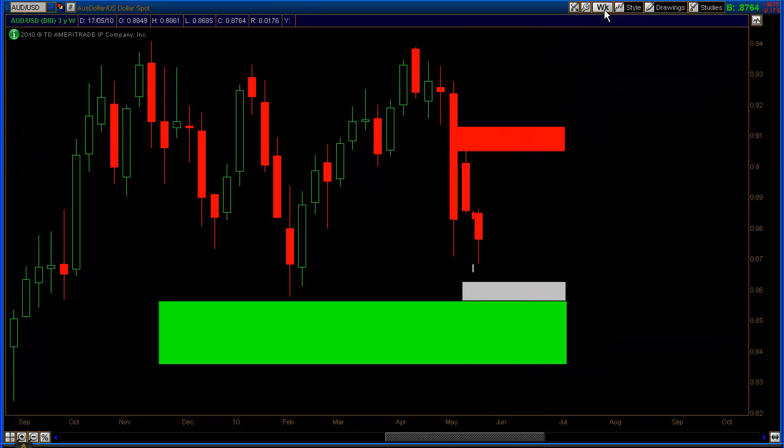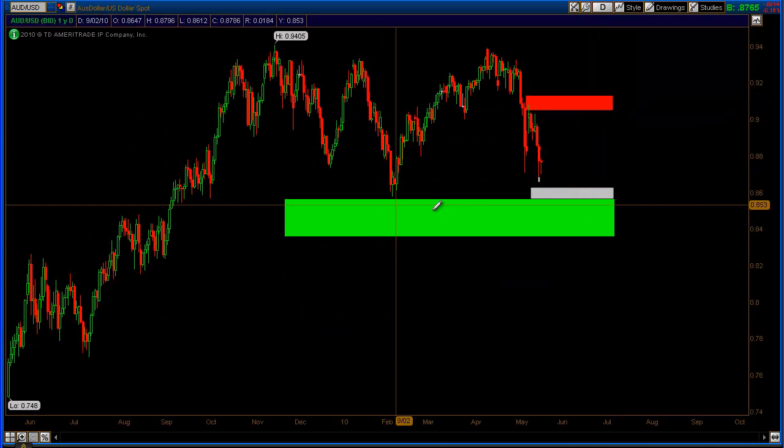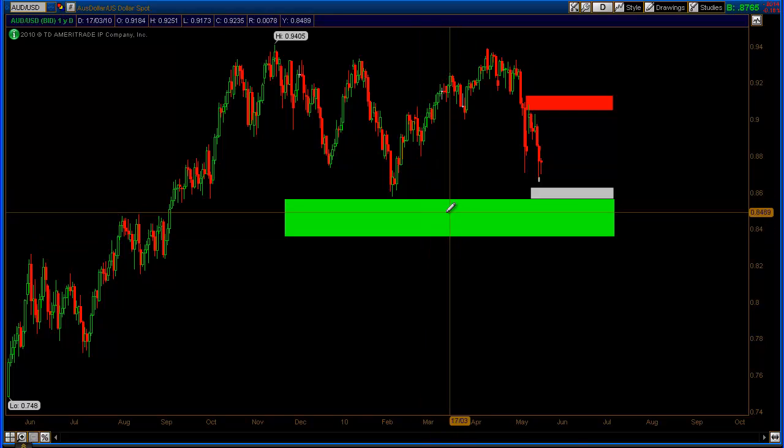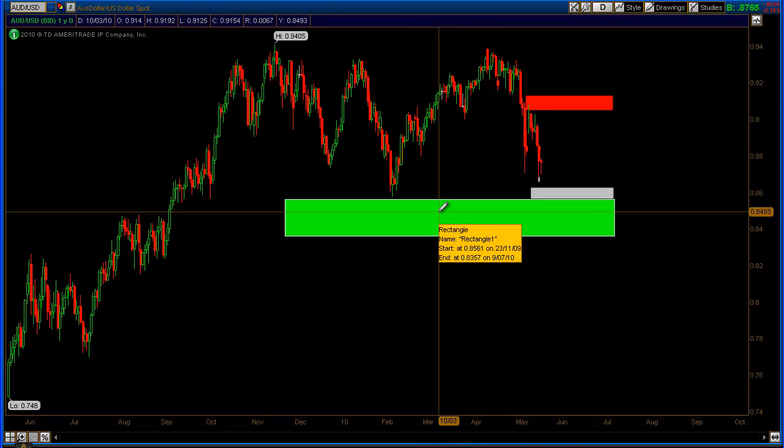On the weekly chart we have support at this level. Now the daily trend right now is to the downside. The daily trend is bringing us back into these numbers.